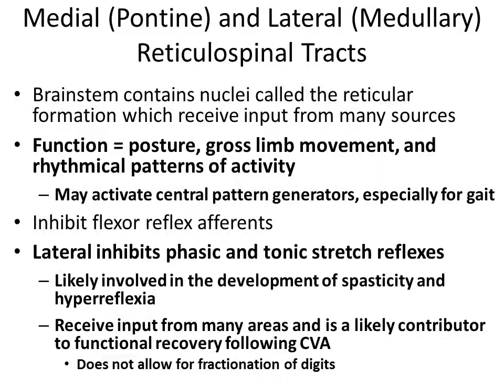The function of these tracts, particularly the medial, is posture and gross limb movements. The lateral appears to also be involved with rhythmical patterns of activity and may be responsible for activating the central pattern generators involved with gait.